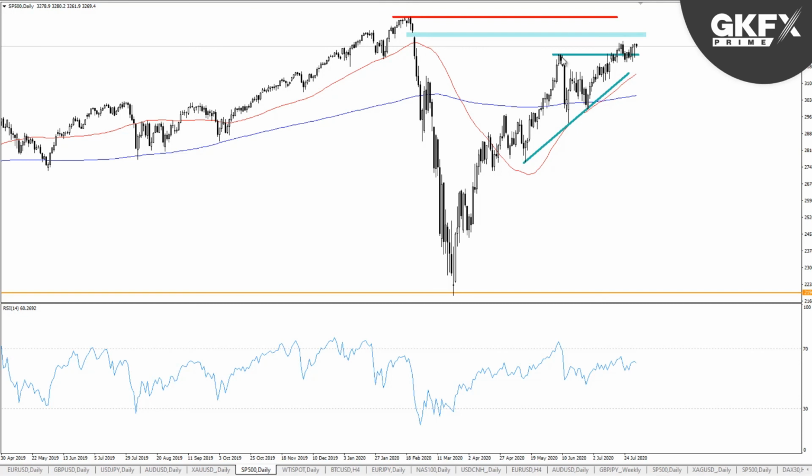We basically took out the June high, but we just haven't really been able to do much with it since. Clearly we're not far off record highs in the S&P 500. We've already done it in the Nasdaq a couple of weeks ago, not done it in the Dow yet. So that's kind of what we're trying to set ourselves up for.